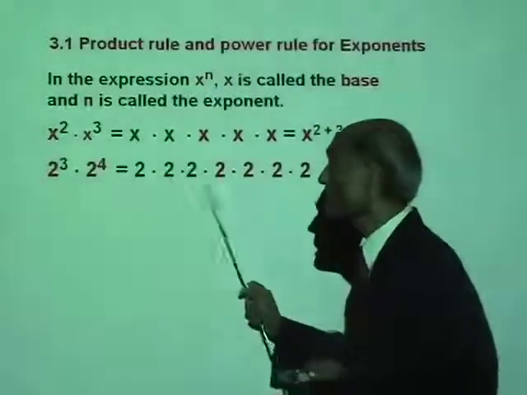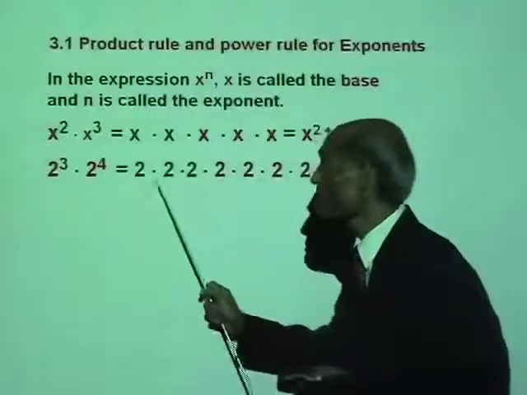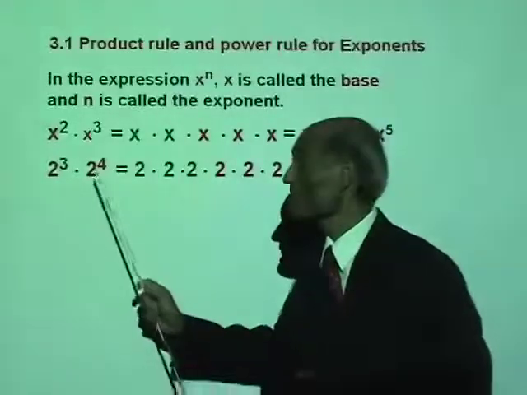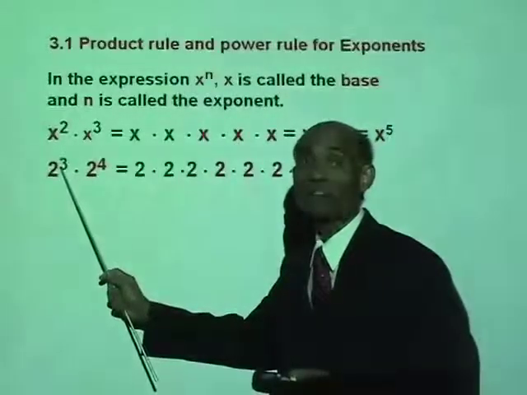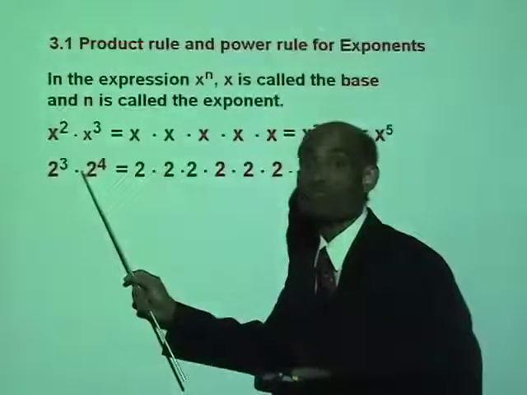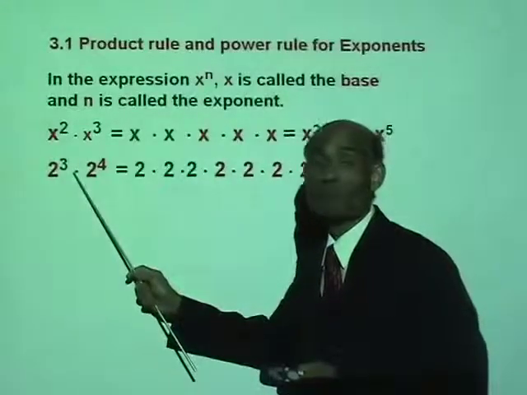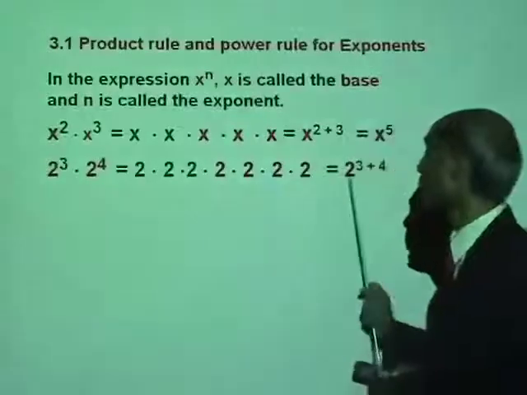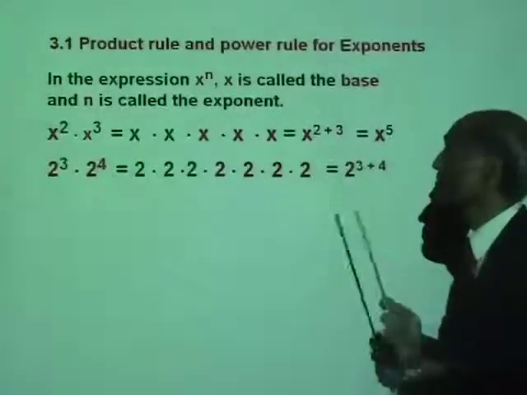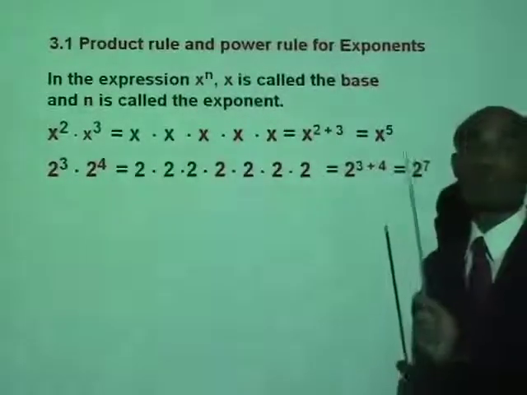There are 3 plus 4, 7. 2 is multiplied by itself 7 times, and the 7 is obtained by adding the two exponents, 3 plus 4. So the simplified form of 2 to the power of 3 multiplied by 2 to the power of 4 is 2 to the power of 3 plus 4, and that is 2 to the power of 7.